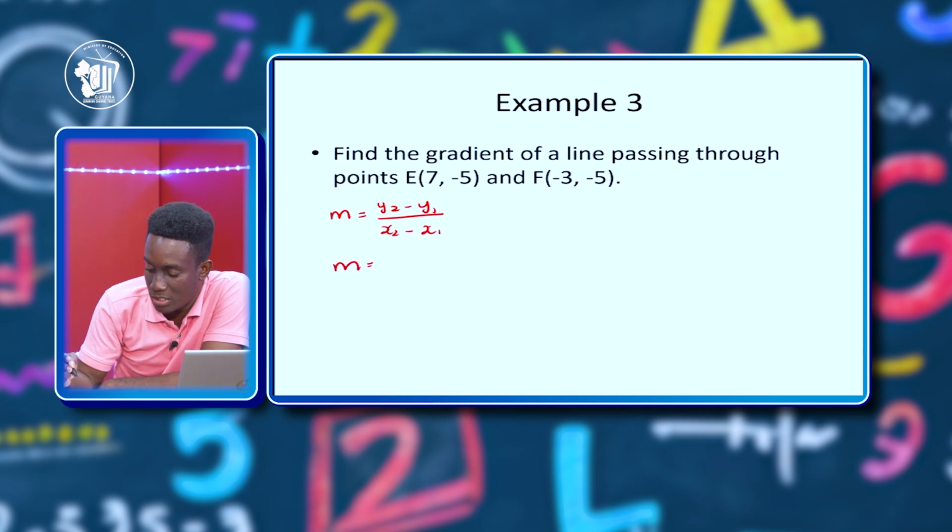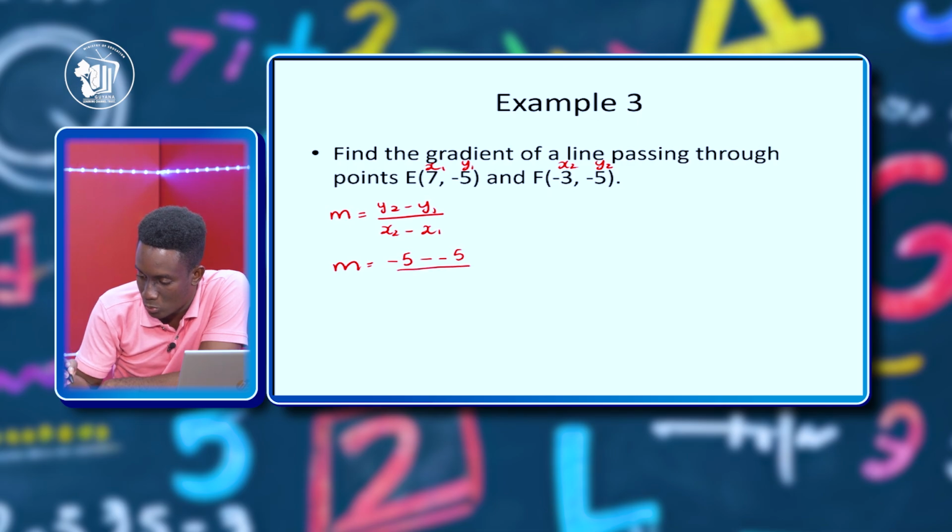So this is x1, this is y1, this is x2, this is y2. So y2 would be -5 subtract y1, which is -5, all over x2, which is -3, subtract x1, which is 7.